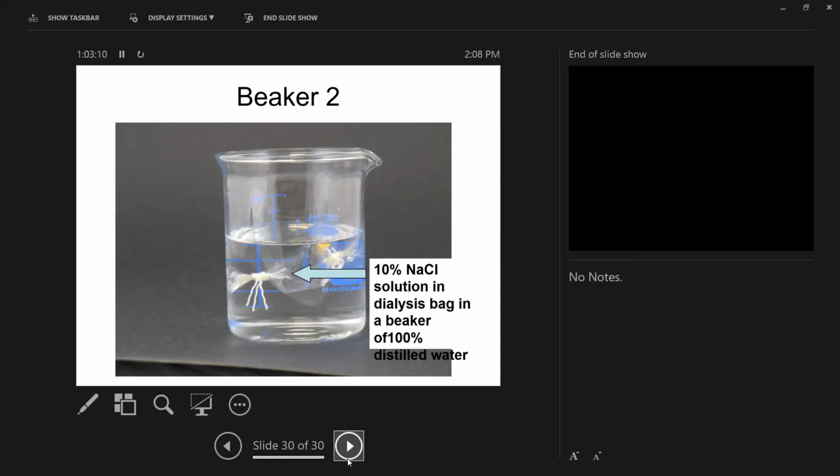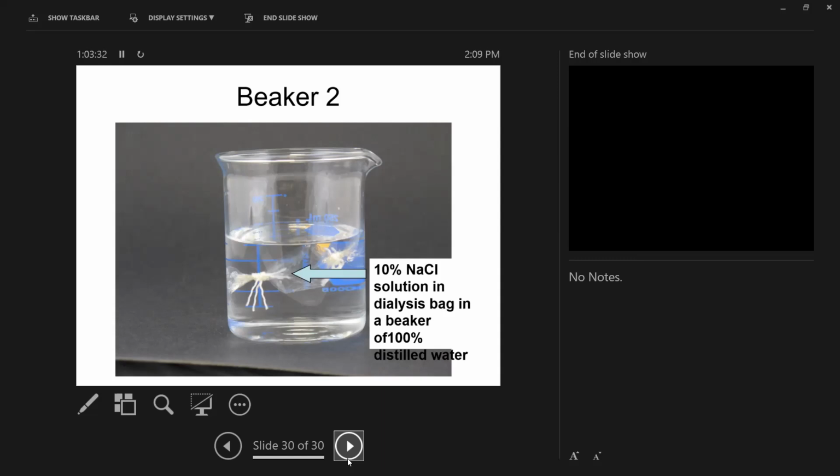Let it set for 2 hours, take it out, dry it off, and place it on the balance. And we discover that the cell has gained water because water moved from the 100% side across the membrane to the 90% side.